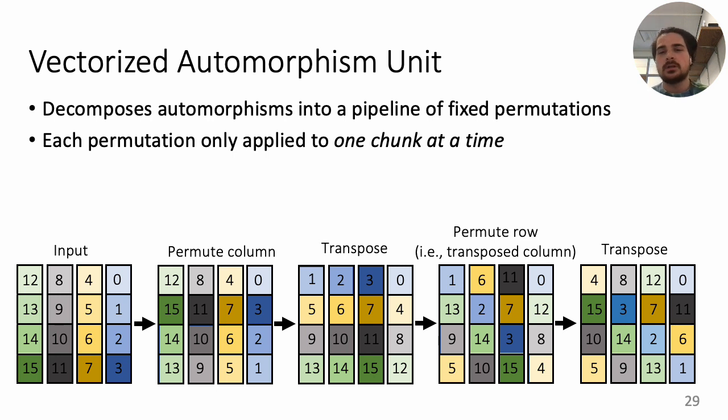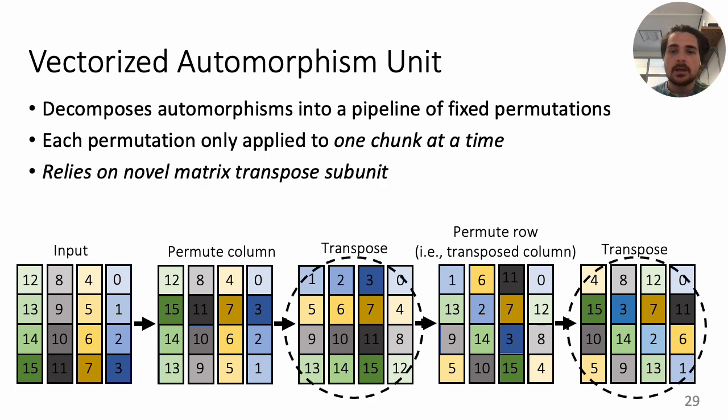Again, this decomposition allows us to completely avoid permutations across chunks. Since all permutations are applied locally within chunks, they're cheap to implement and pipeline. At the core of the pipeline is a novel SRAM-based fully pipelined matrix transpose subunit. This subunit is also critical in the design of the NTT unit.